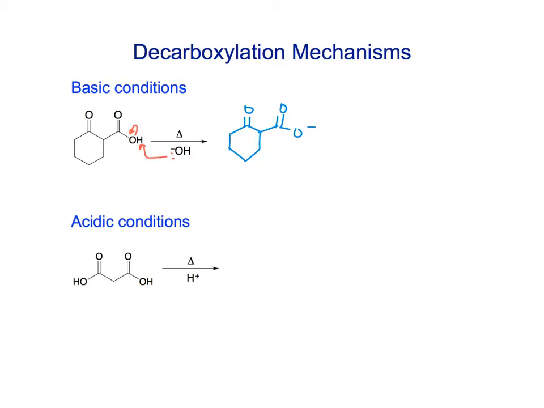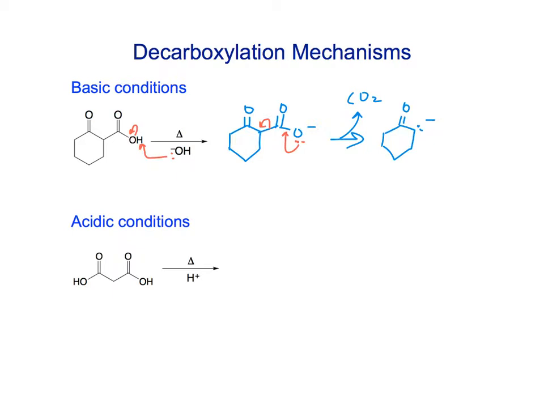And when it's base, these are going to be very strongly electron donating. So these electrons can go here, and then they can just go right over to here. And what this is going to give us is this, and we're going to lose CO2.